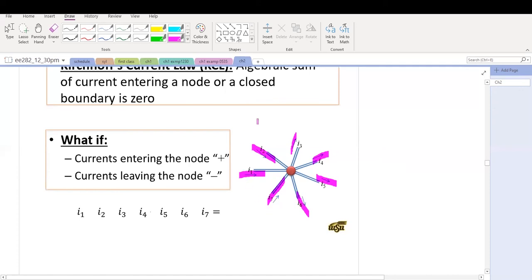So now all of these currents have different directions, and we need signs for all of them. We define that currents entering the node have a plus sign, and currents leaving the node, flowing out of the node, have a negative sign in front of the current.